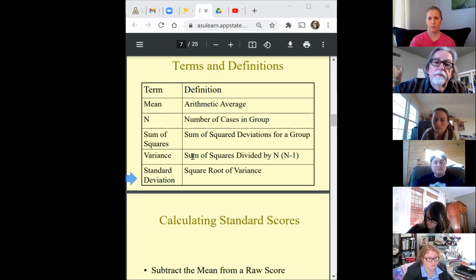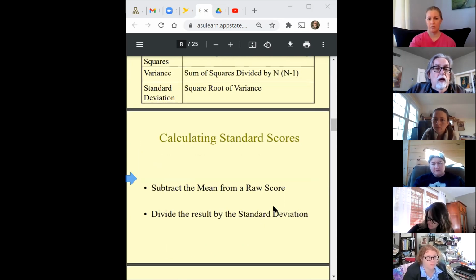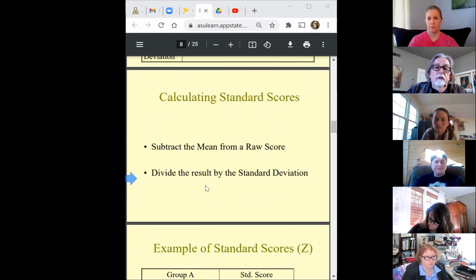Now, we'll talk about standard scores, because standard scores are important to the logic of hypothesis testing. A standard score is simply this: we take the mean and subtract it from a raw score.